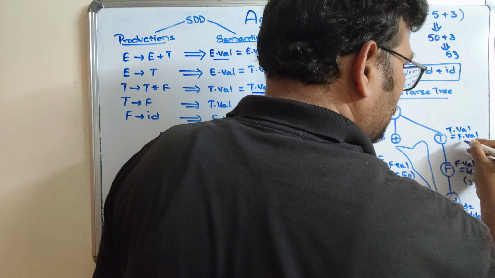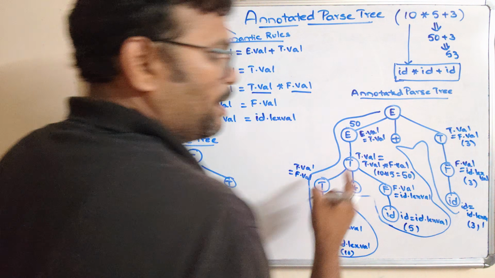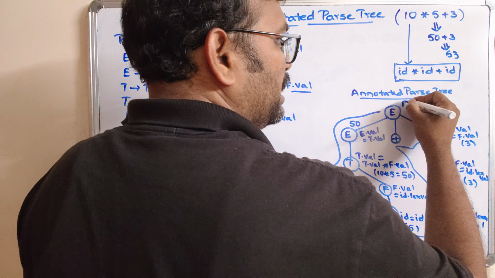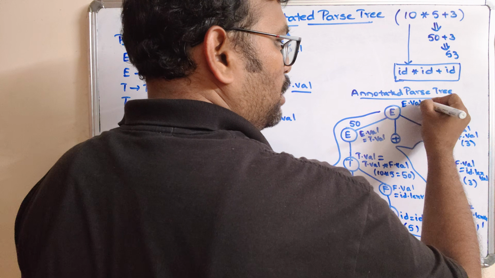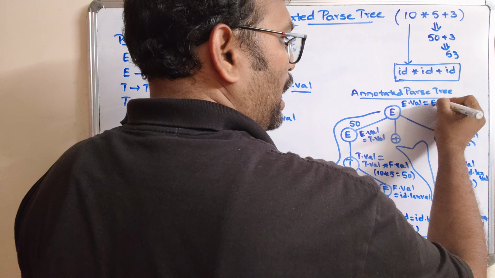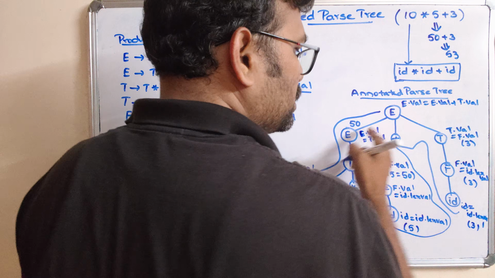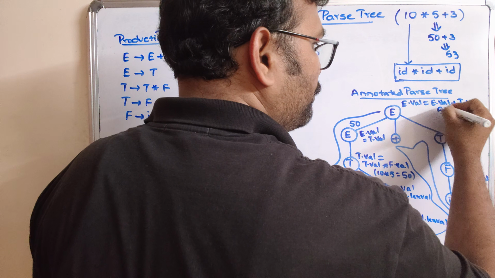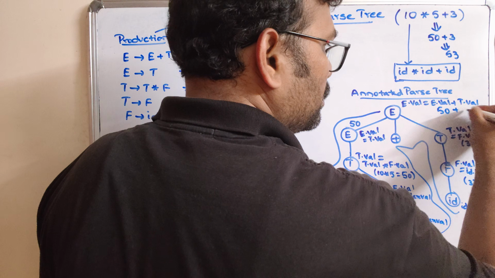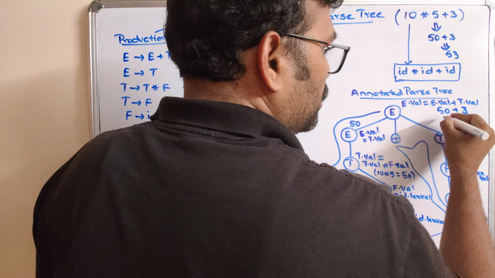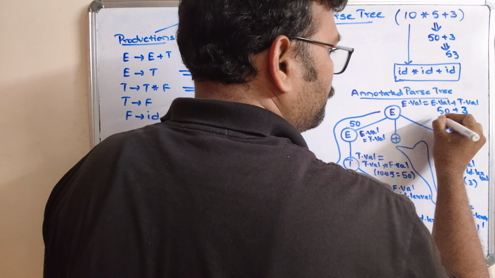So what is F dot val? It is again 3. So what happens here? E. So E dot val is equal to E dot val plus T dot val. So what is the value here? E dot val is 50 plus here it is 3, which gets 53.